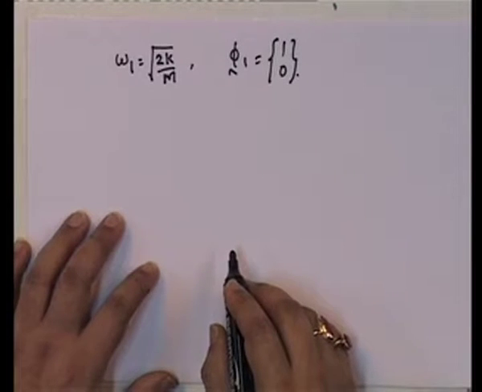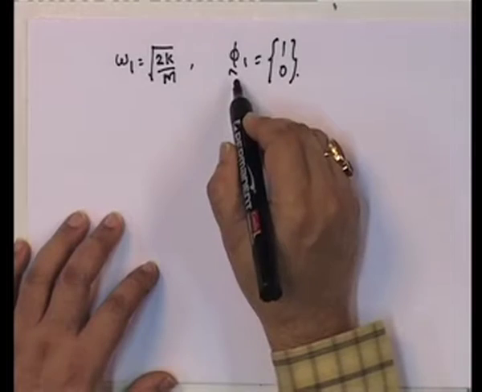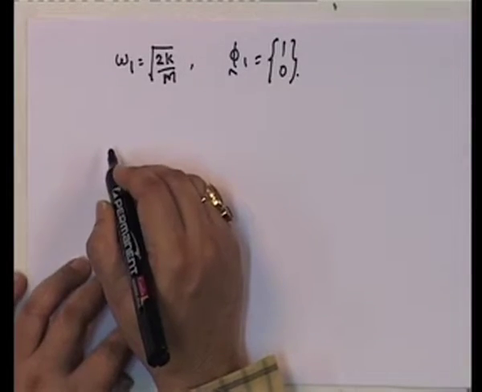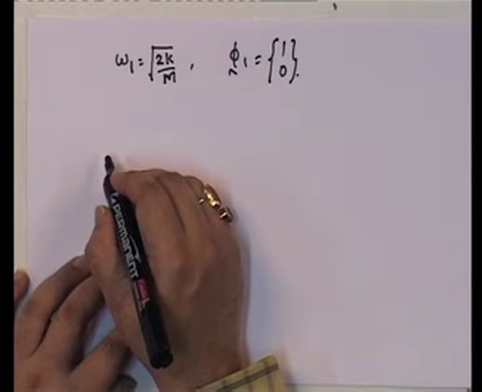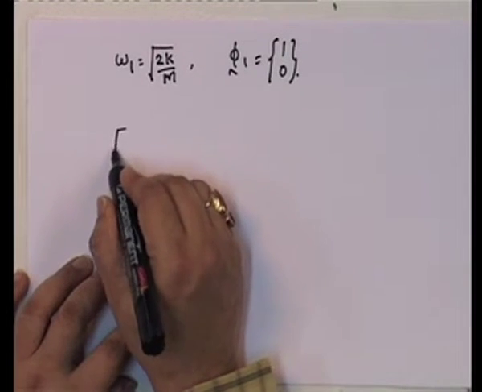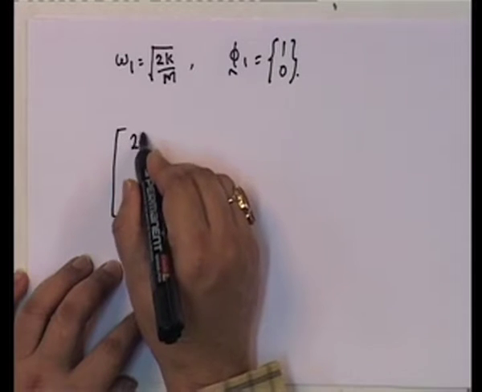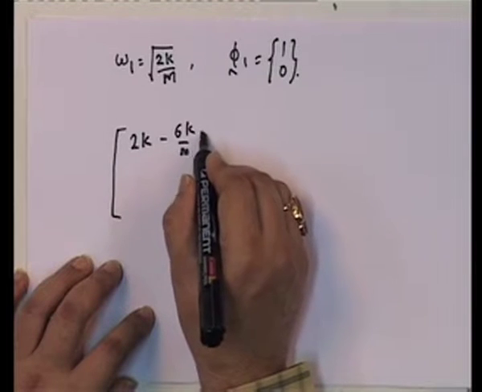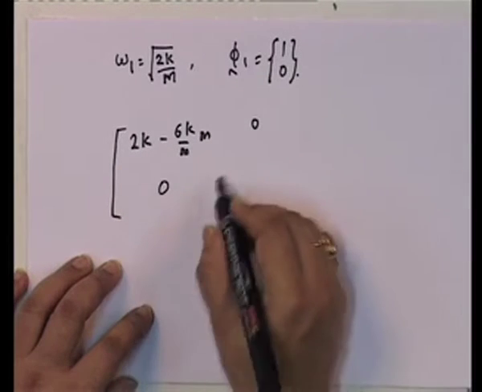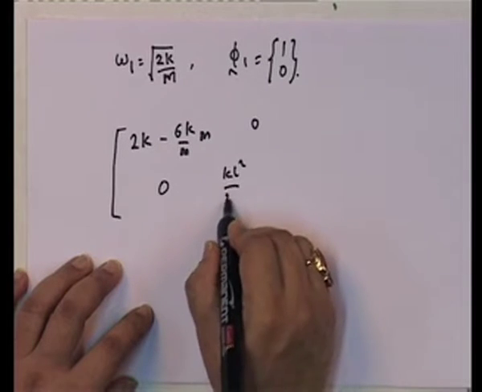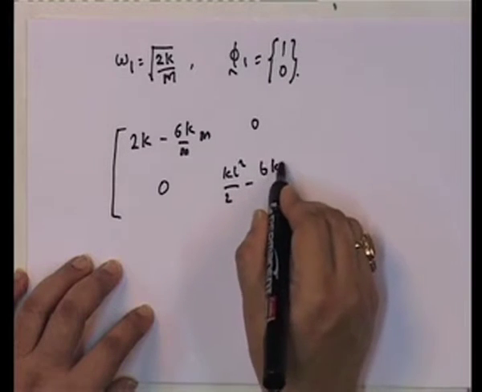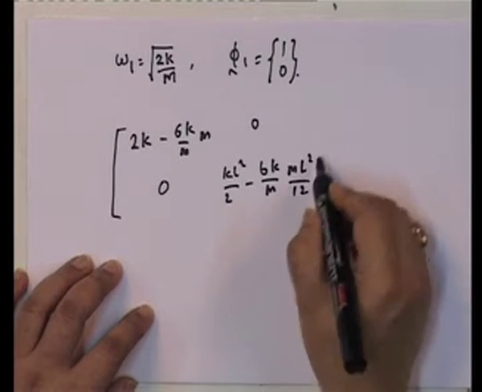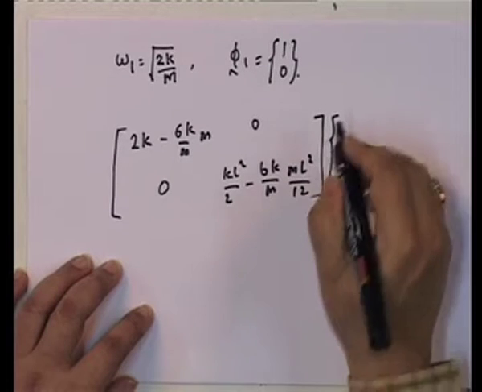Okay. Now, this is not orthonormal, it is just a mode shape. Okay. Let us look at plugging in omega 2. Omega 2 is, so therefore, I have this 2k minus 6k upon m into m, 0, 0, k L squared upon 2 minus 6k upon m into m L squared by 12, and this is the second mode.